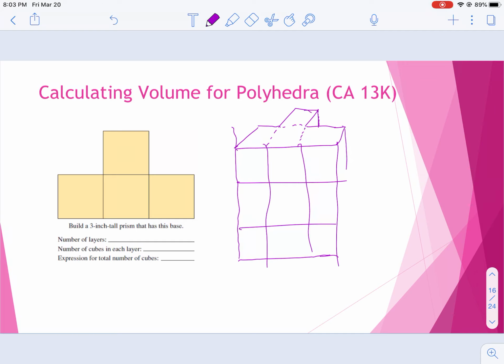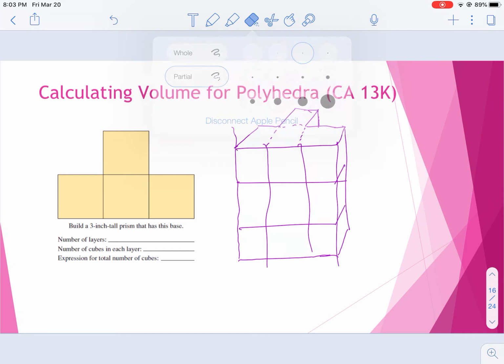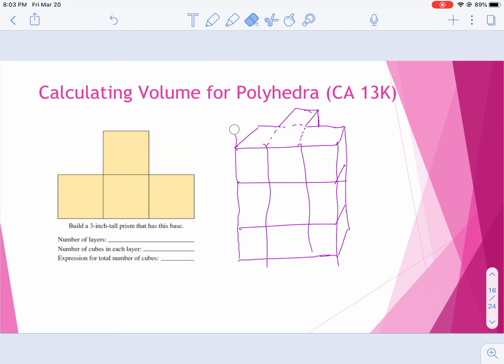Can you picture this? Again, I apologize for the poor drawing. Hopefully you can picture what that's saying.